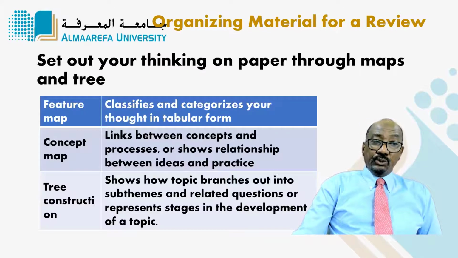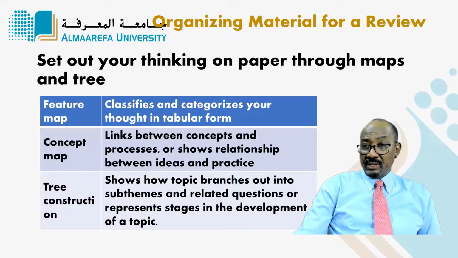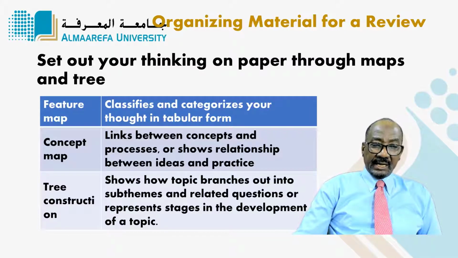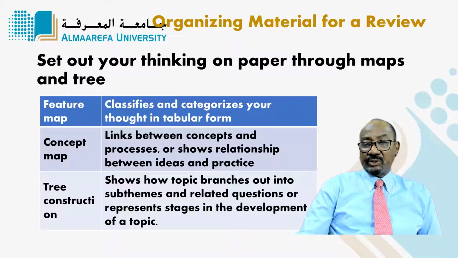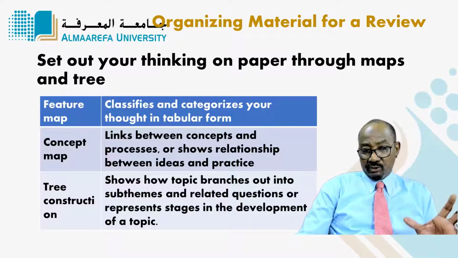Now you want to organize the material for a review. You sort out your thinking on paper through maps and trees. For example, you take a feature like the concept map. The feature map classifies and categorizes your thoughts into tabular form.